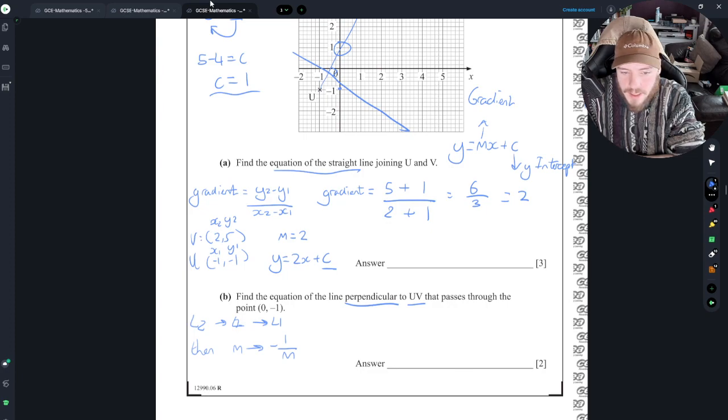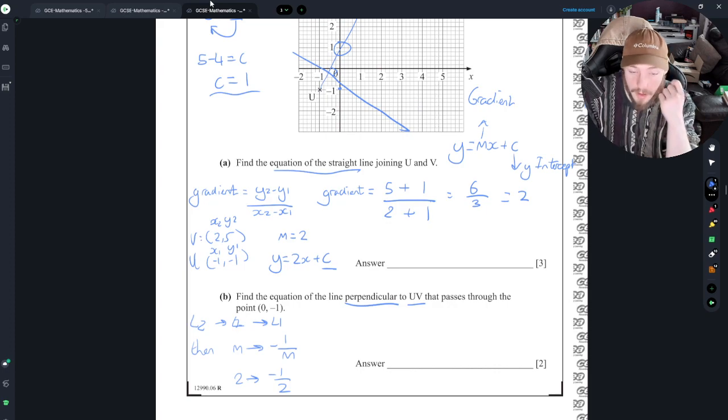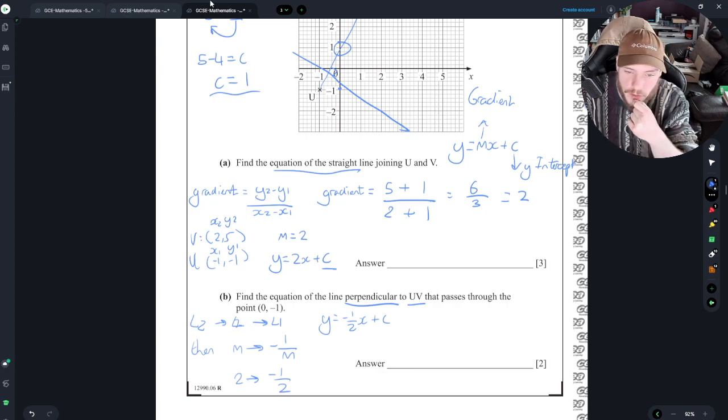So essentially our gradient will be a negative reciprocal. Our m value is 2, so 2 goes in, -1 over 2. So our gradient for this perpendicular line is -1/2. This is the first part of the equation.